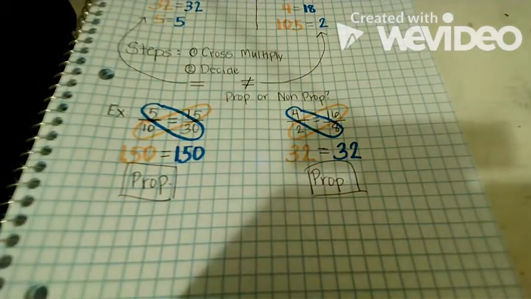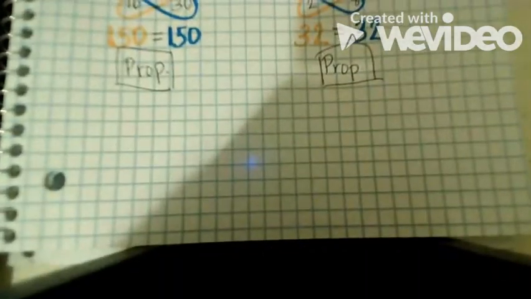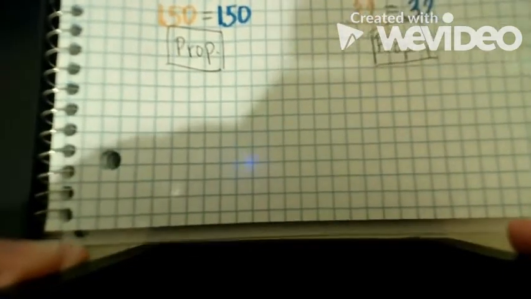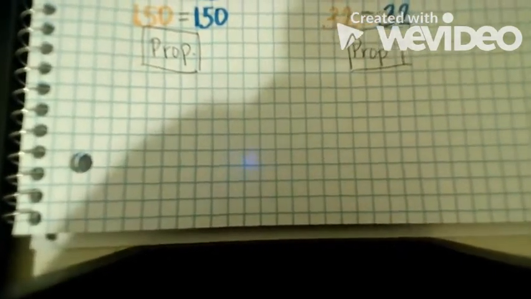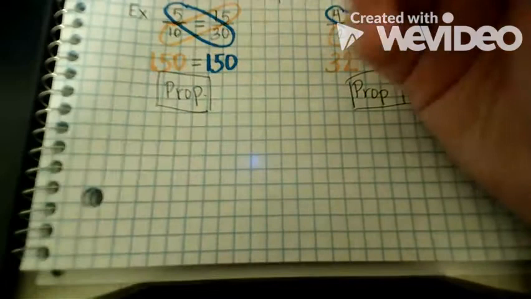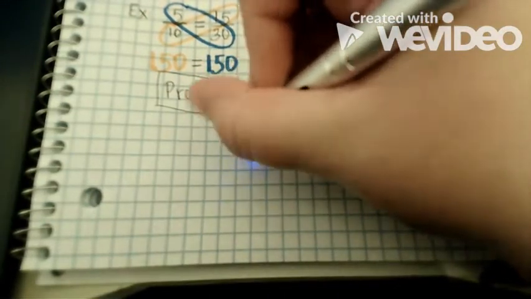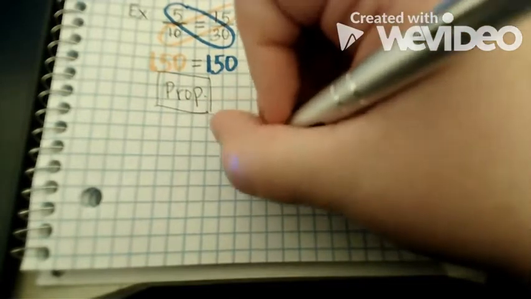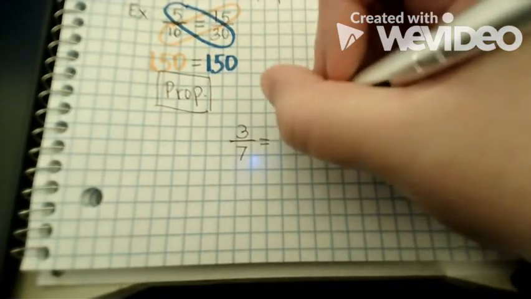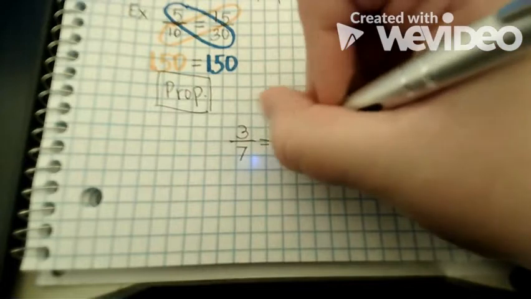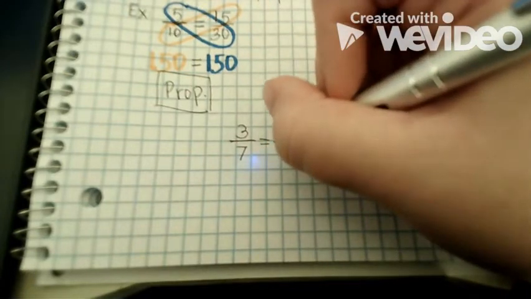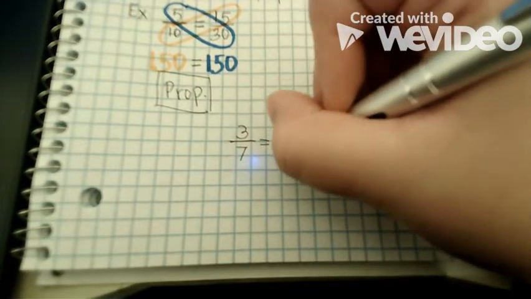Let's try one more together, and then I'll give you some to try on your own. Okay, so let's do 3 over 7 and 5 over 10.